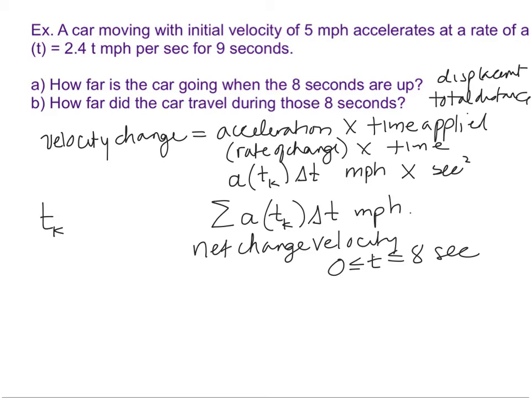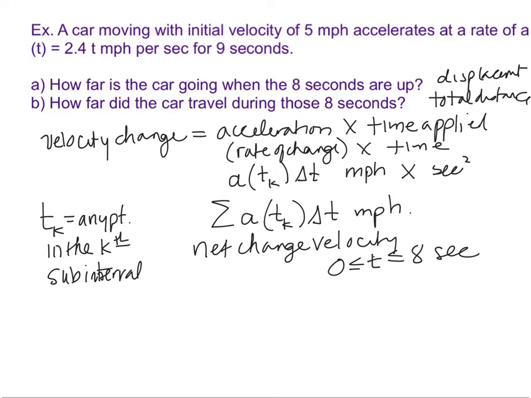Well, t sub k is going to be any point in the kth subinterval. All right. So that's how you would do it as a Riemann sum, to approximate it as a Riemann sum.